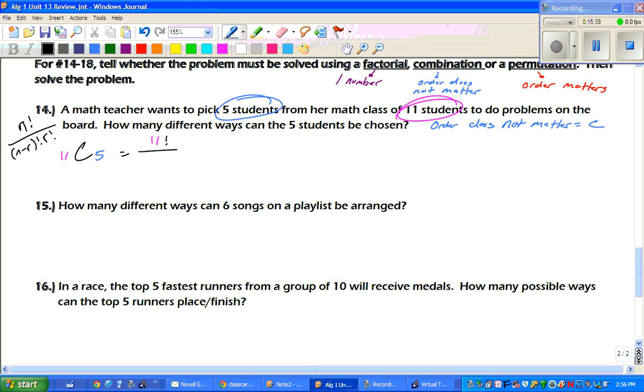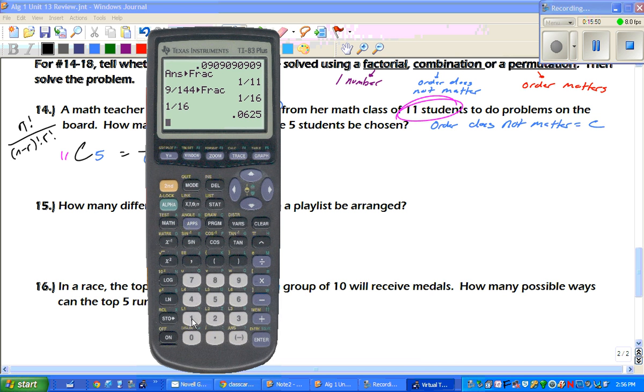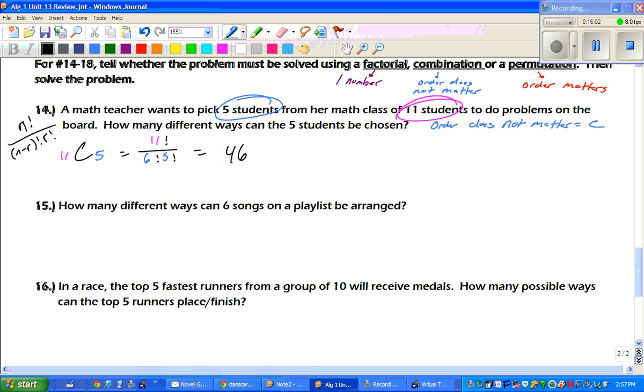There's the formula n minus r. That's where I'm getting that 6 from. And then the 5. Plugging that in, we have 11 nCr 5, which, oop, it would help if I put in the right numbers, right guys? 11 nCr 5, you get 462.